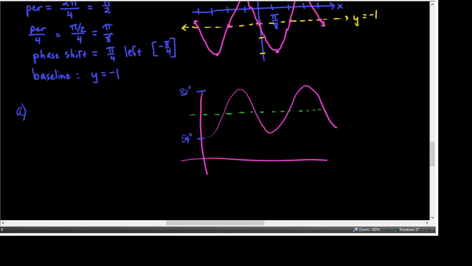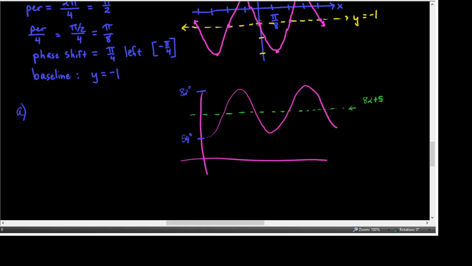Okay, so the middle, if 82 is the high and 54 is the low, what's right in the middle? Think about, how do you get the middle number? Like if you had a test grade of 90 and another test grade of 94, how would you find the middle grade? You need the average, right? So this middle number is the average of the high and the low.